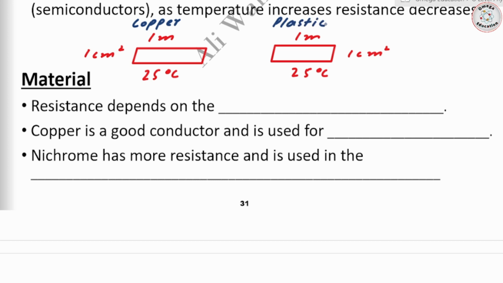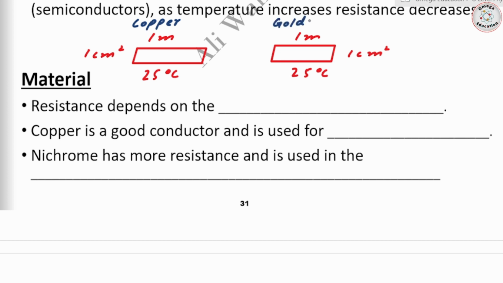Now both of these strips have the same length, they have the same cross-sectional area. Even if I make this one, let's assume that this is also a metal, silver, or let's make it more dramatic, this is gold. This is a wire or a strip made up of gold.